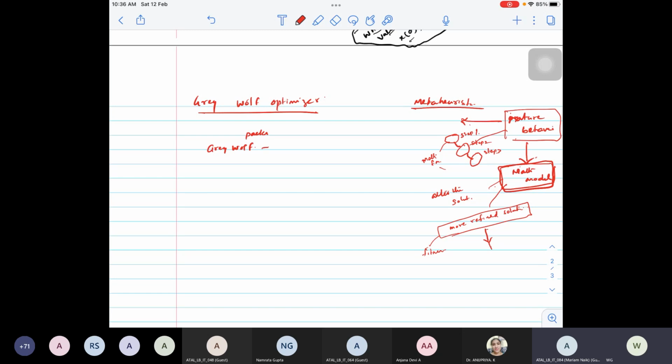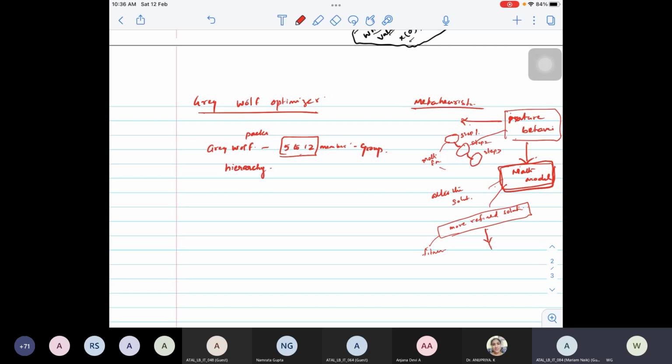Here what we see is something called a gray wolf, which works in a group of say 5 to 12 members. The members in a single group have a hierarchy.